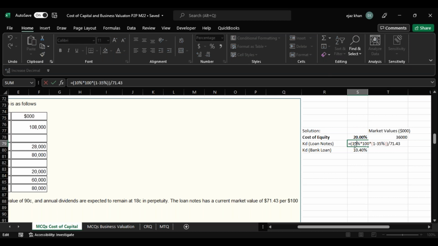Musawir, the Kd of the loan notes is a simple one. Just pick up the coupon rate, the interest rate, multiply it with the par value in order to find out how much interest will be paid, and then multiply it by 1 minus tax rate so that we make it after tax, and divide it by the market value.